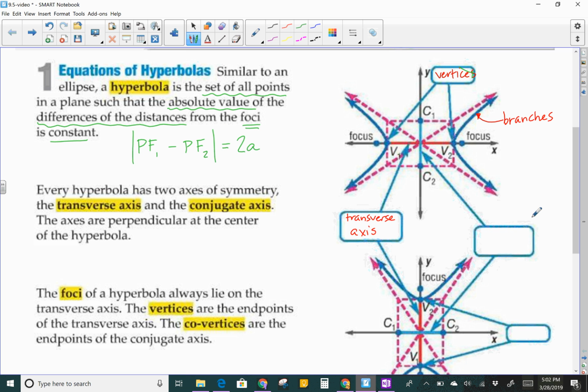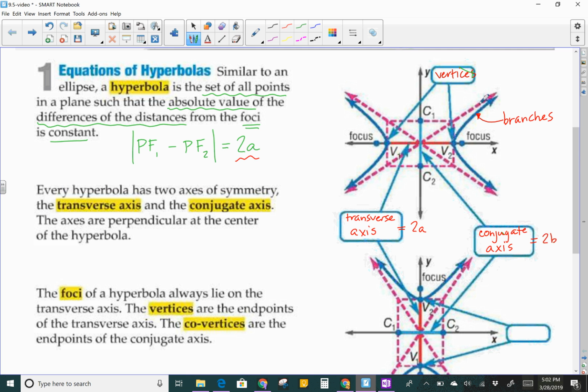So you could think of it like the other one that we had that's major and minor, but the difference is the transverse axis doesn't have to be longer than the conjugate axis. But just like we had with our ellipse, the transverse axis has a length of 2a and the conjugate axis has a length of 2b. So that is how they are similar.